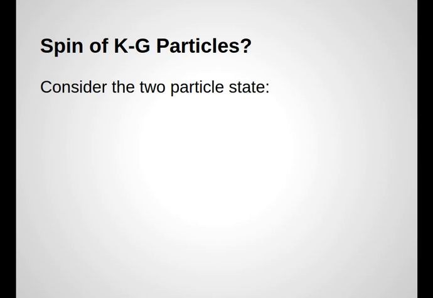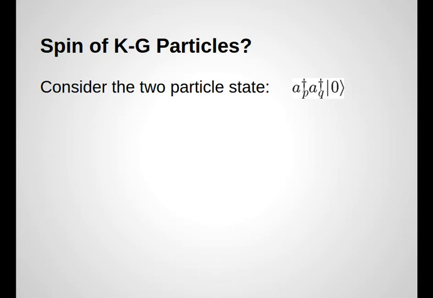At this point, you can actually say something about the spin of these particles. The way you do this is you consider the two-particle state, created by operating on the vacuum with two different a daggers.